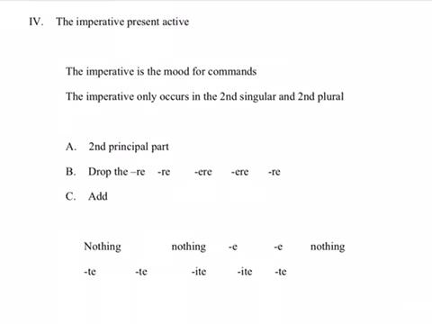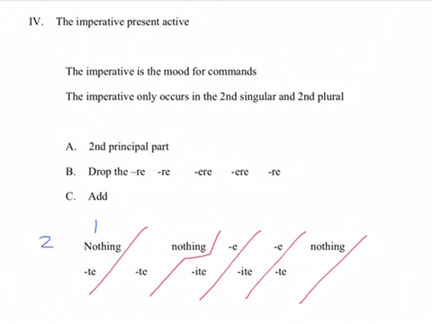Let me clarify the chart that gets re-edited when I import it. For the first conjugation, you add nothing for the second person singular, and te for the second person plural. For the second conjugation, you add nothing for the second person singular, and you add te for the second person plural.